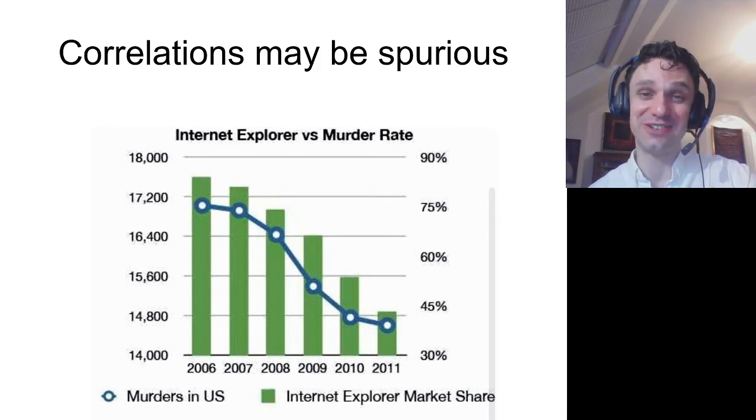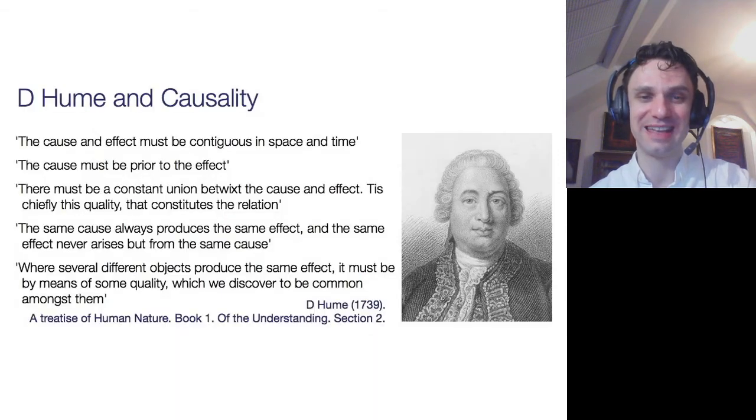Of course, if you're a social scientist, you have a trained mind able to develop all kinds of interpretations, and you can say, maybe Internet Explorer was such an awful browser that people got angry when it froze and started killing each other. But probably the explanation is simpler. Perhaps it is just a spurious correlation, and there is no causal association behind these two variables whatsoever.